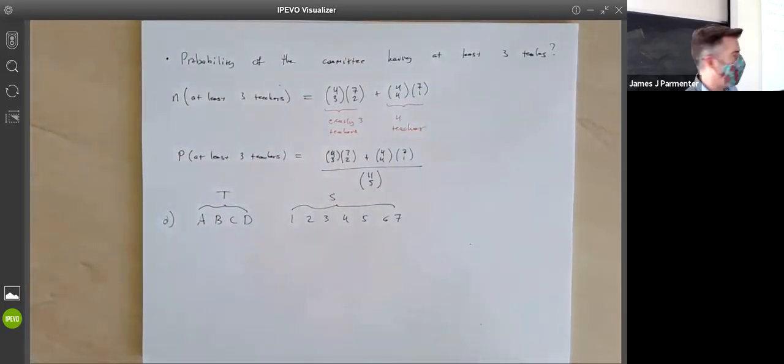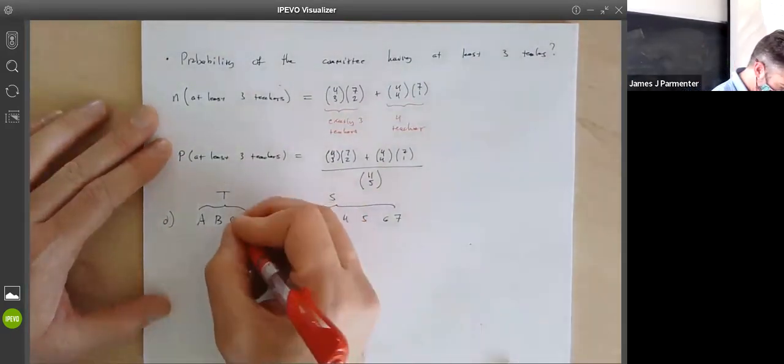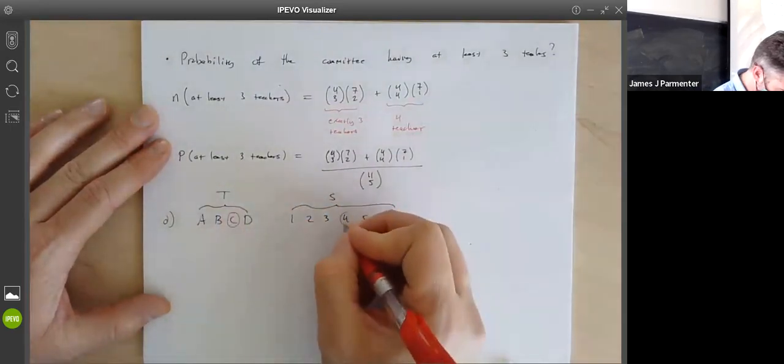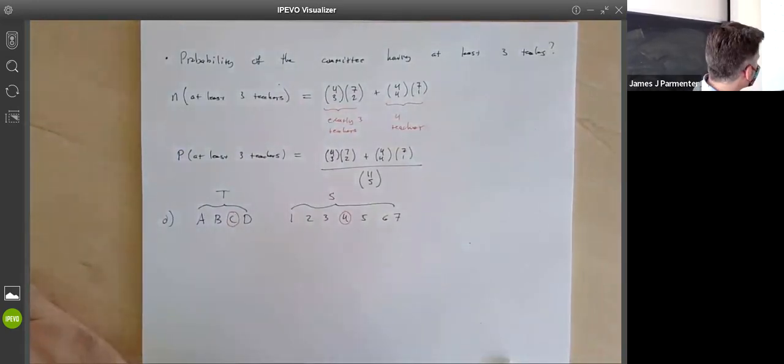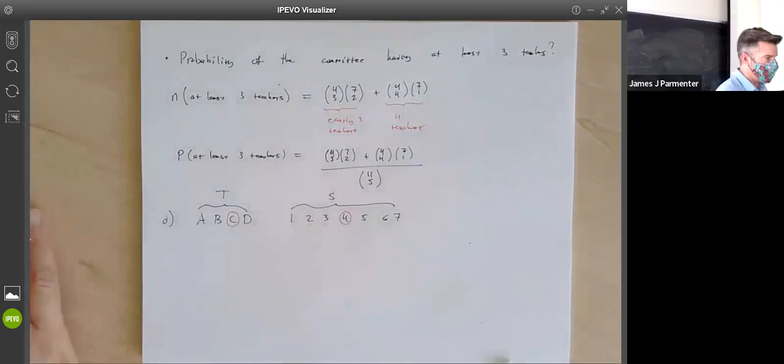And we have to decide that there's 1 teacher, 1 student pairing we can't have. So let's say teacher C and student number 4 really don't get along. Or maybe they're related and they're just not both allowed to be on the same committee. That's a better way of viewing it. So C and 4 can't be on the same committee.